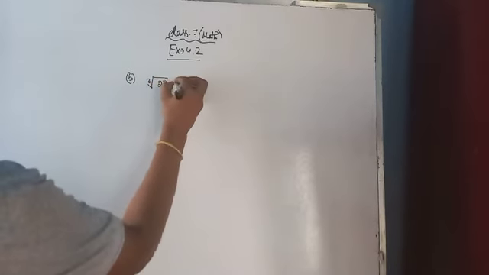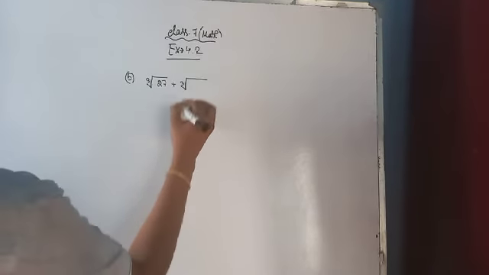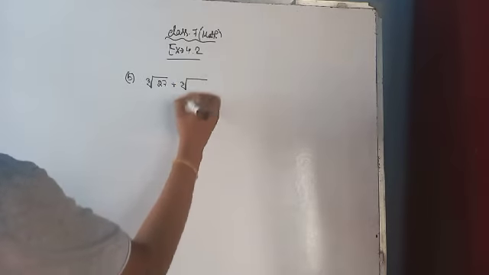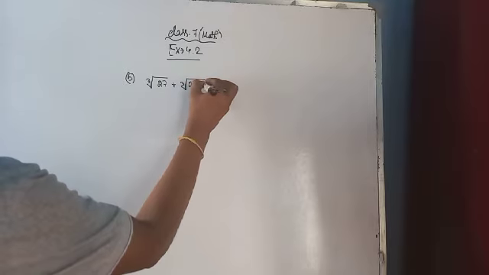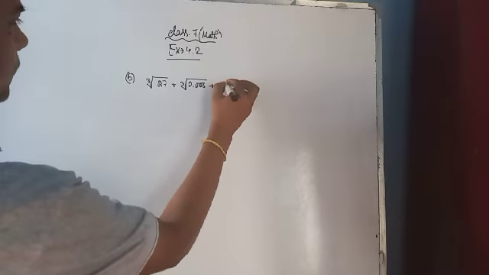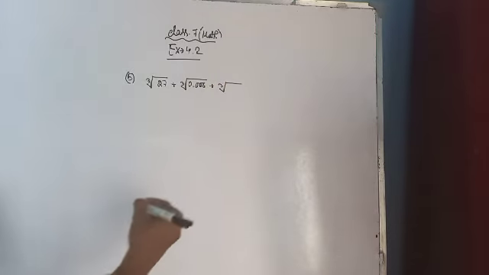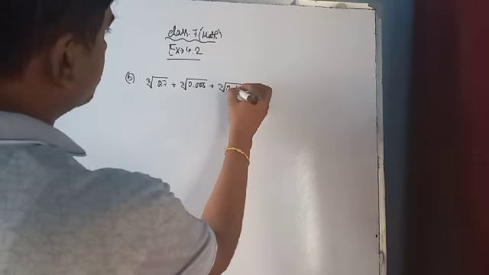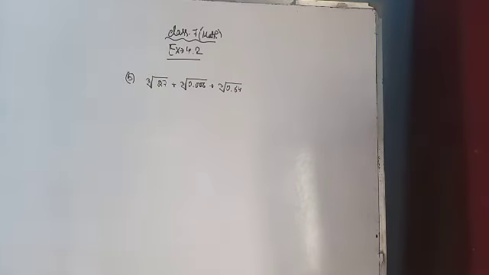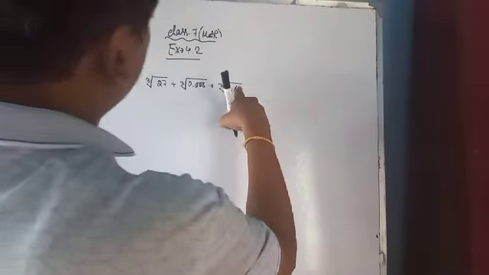27, 0.008, 0.064. Okay. 0.0, sorry, this will be 1 zero there.